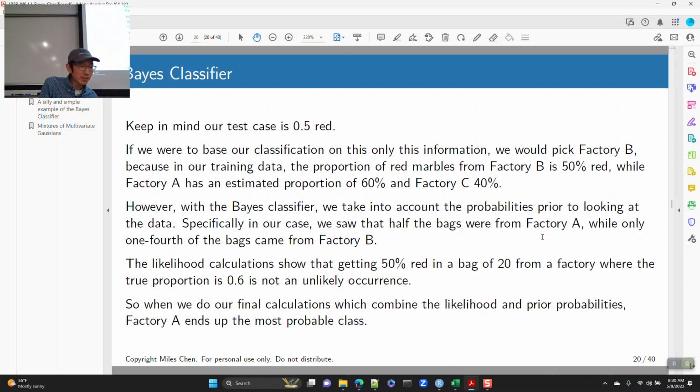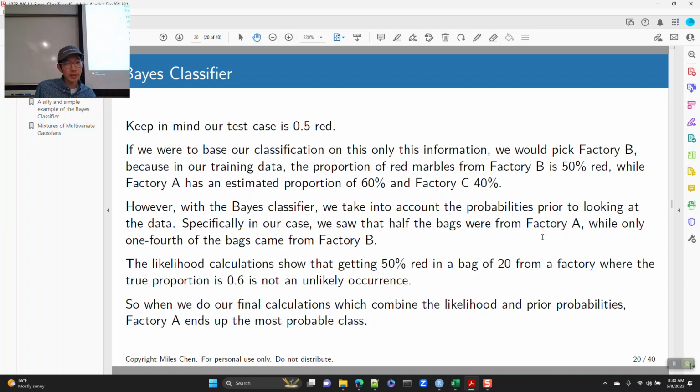But with the Bayes classifier, we don't just take into account the likelihood of our data, we also take into account the extra information that factory A produces half the bags and factory B only produces a quarter of the bags. So how do we weigh that?